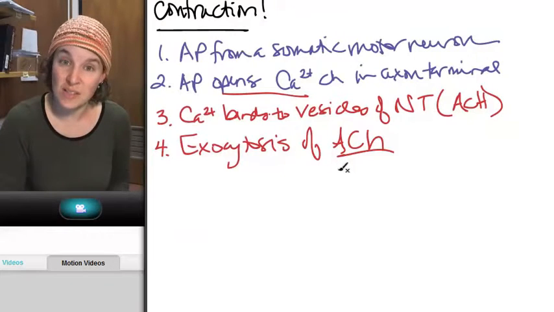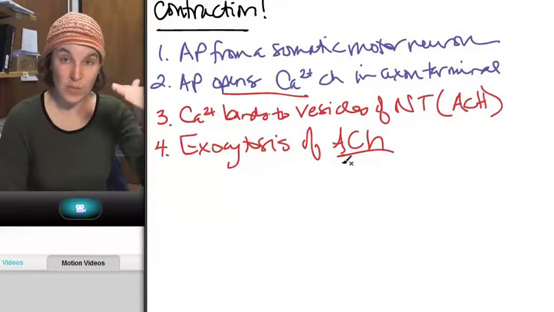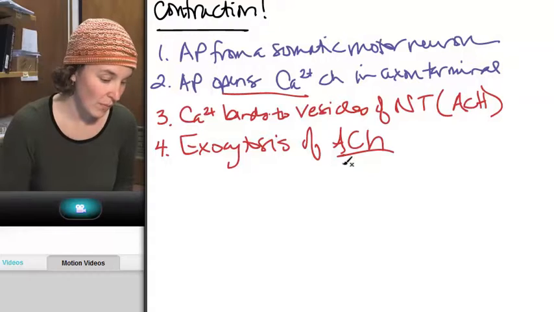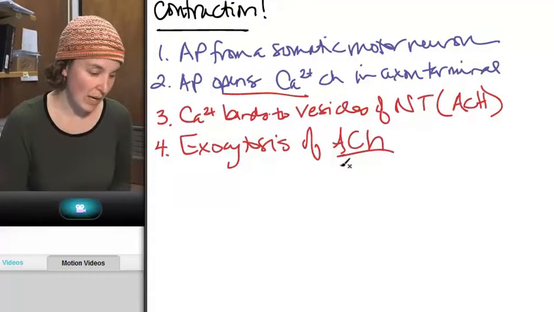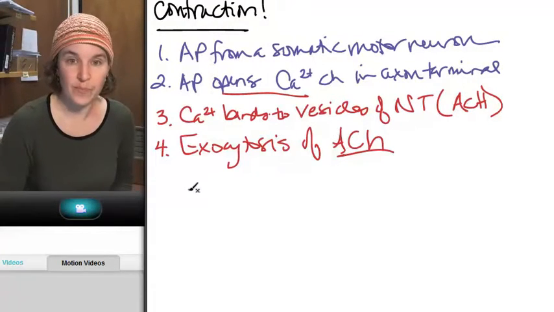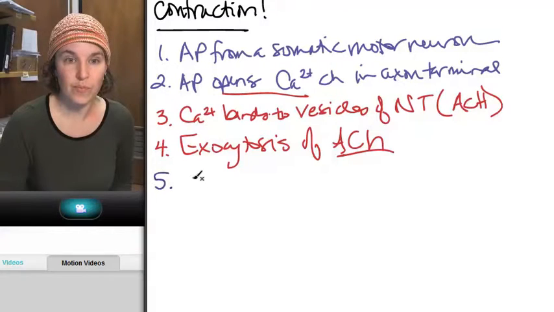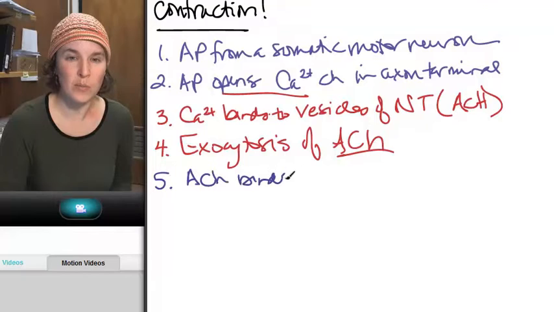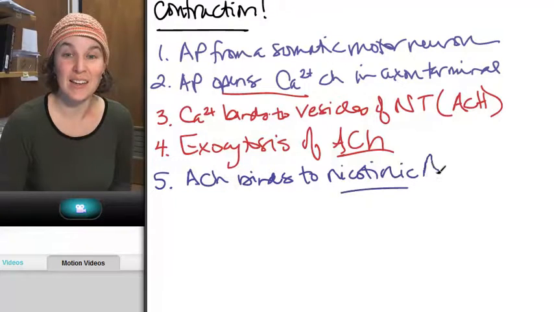Acetylcholine enters the synapse at the neuromuscular junction and binds to the receptors. What kind of receptors were they? Nicotinic acetylcholine receptors.